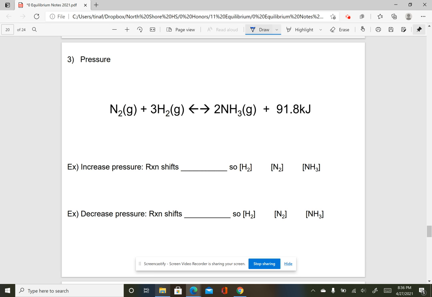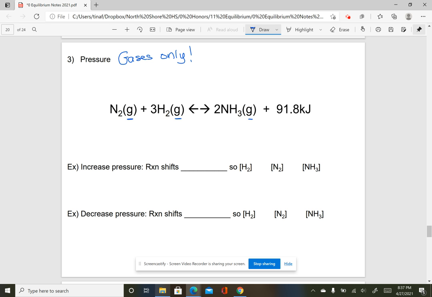So there are a very specific amount of steps that we have to go through when we know that pressure is a stress. So the first thing I want to do is I want to only pay attention to things that are gases. So let's write gases only. This reaction happens to only have gas in it, but if it had other phases in it, you'd want to ignore those phases. So everything's a gas.